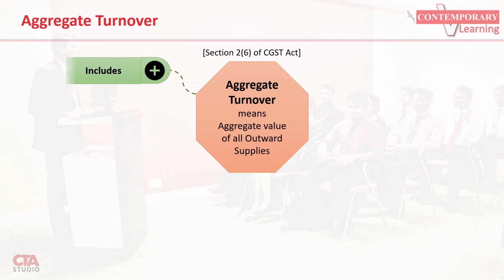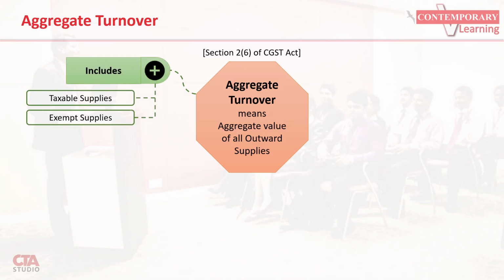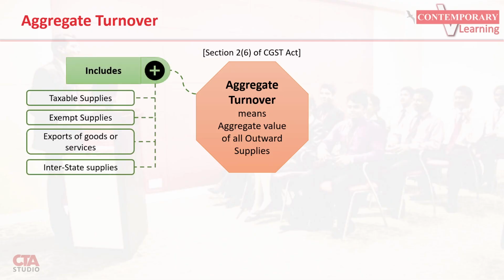The inclusions are comprehensive: taxable supplies, exempt supplies, exports of goods or services, interstate supplies, and supplies subject to CGST, SGST, UTGST, IGST, cess. It also includes inward supplies on which tax is payable under reverse charge mechanism or RCM.